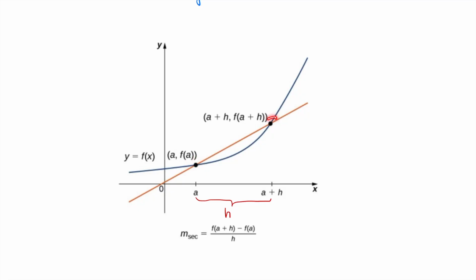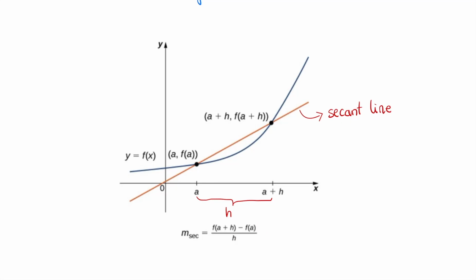The second point is a plus h comma f of a plus h. The line connecting these 2 points is the secant line. And the slope of this line is f of a plus h minus f of a all over h.